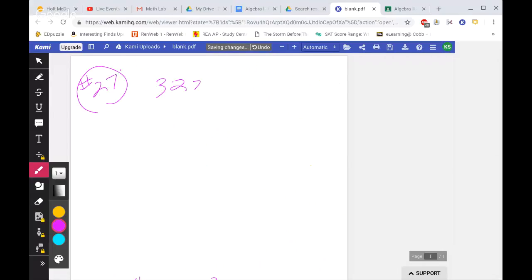Can you see anything that we can factor out of both terms as far as a greatest common factor is concerned? Two, I guess. And a z. Does that make sense? Mm-hmm.